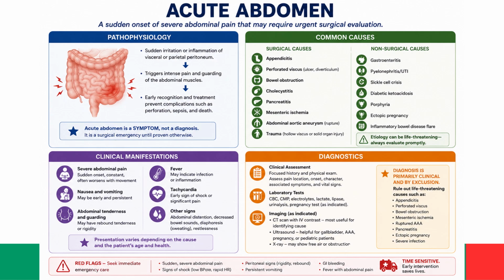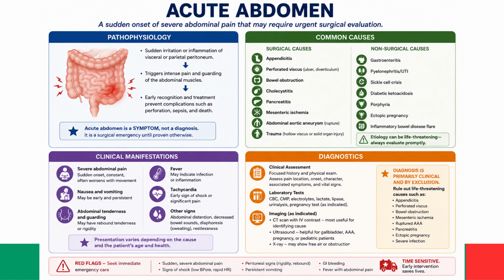It may also be helpful for suspected AAA, abdominal aortic aneurysm, depending on the situation. An x-ray has, as we know, more limited uses, but it may demonstrate a bowel obstruction or free intraperitoneal air in certain situations. But the key is that we choose the diagnostic study based on what we're worried about.